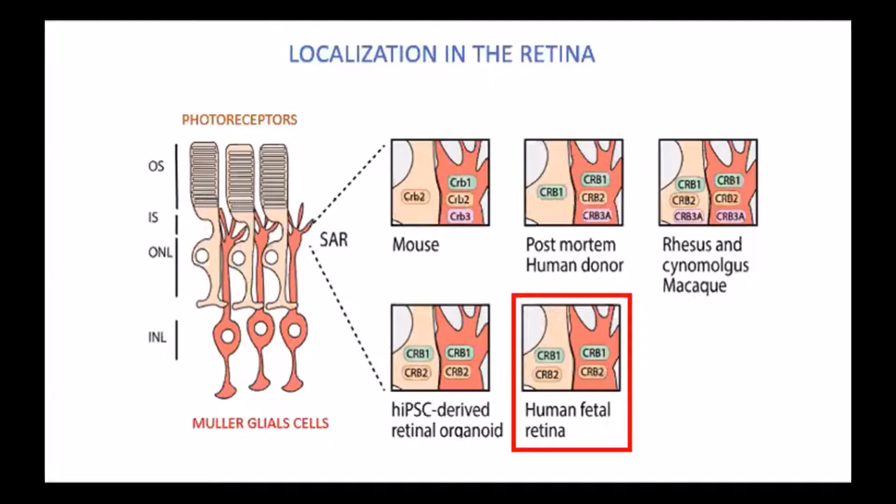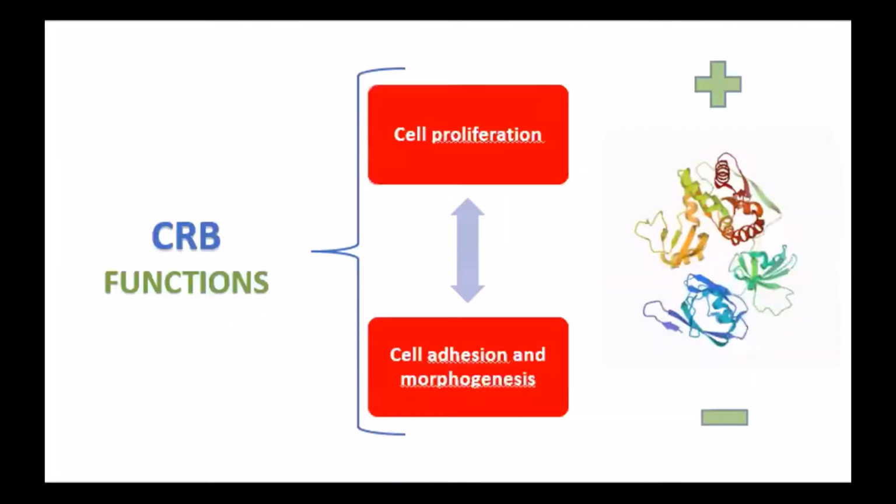However, recently it was shown that CRB1 and CRB2 are located in both cells at the subapical region in the second trimester of human fetal retina, but in the first trimester only CRB2 was detected. In summary, according to all this evidence, the hypothesis is that in humans, CRB1 and CRB2 are located in both cell types at the subapical region. Therefore, both cells should be targeted to prevent retinal degeneration in RP patients.